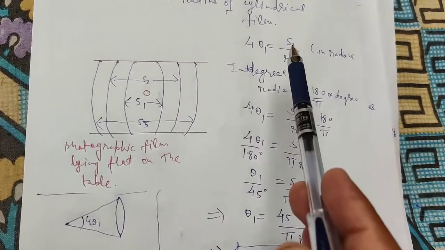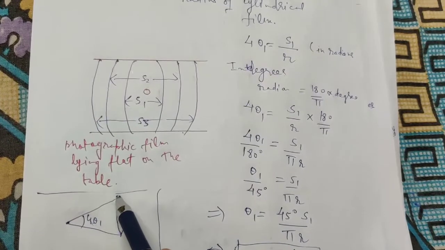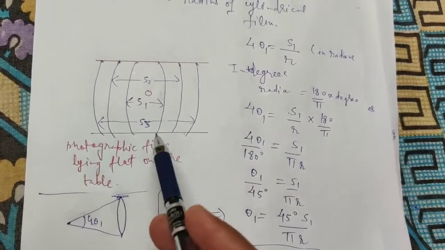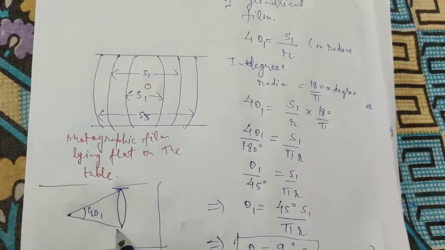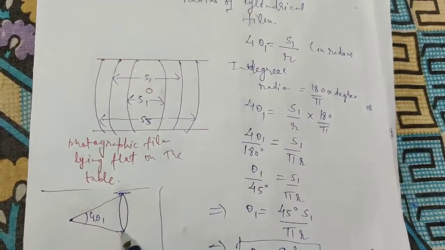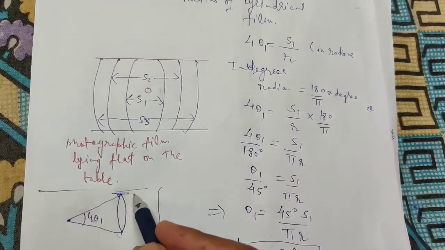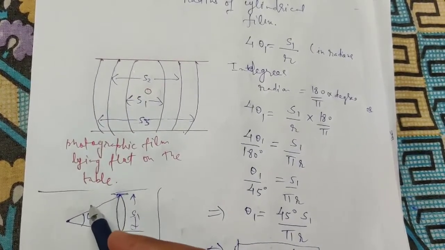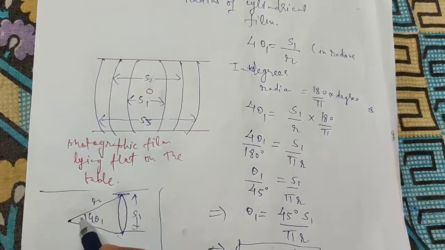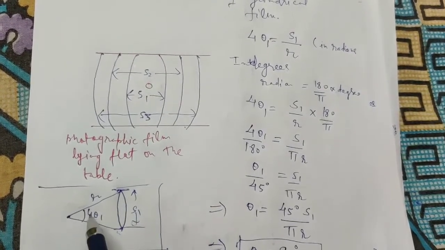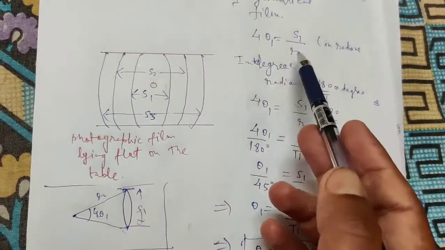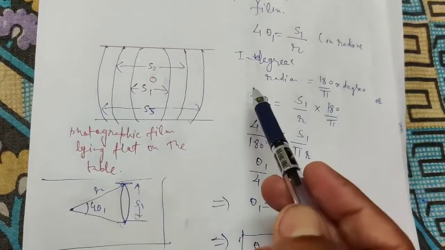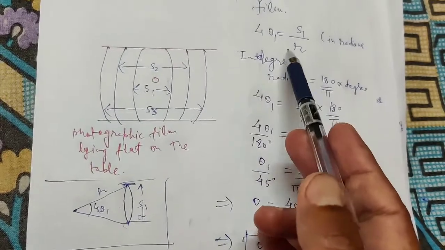Here s1 is where the cone is cutting the photographic film, this line and this line, so this will be s1, and this will be the radius. The angle will be arc upon radius, so you can understand from this diagram.